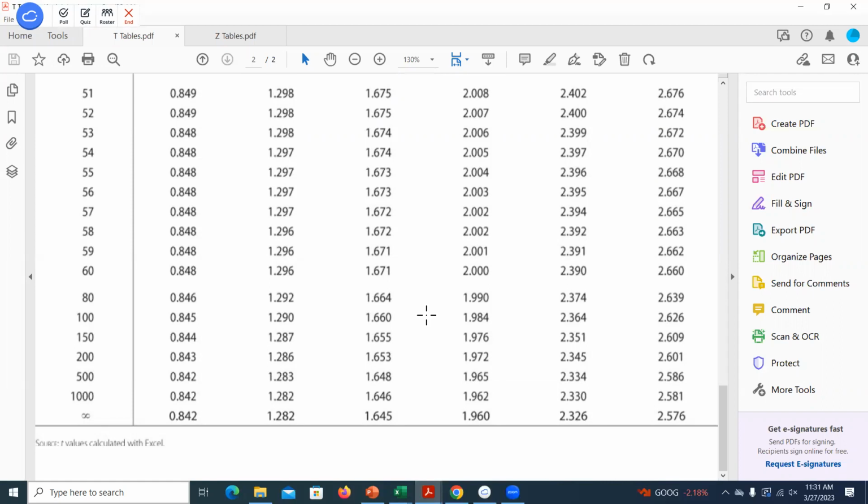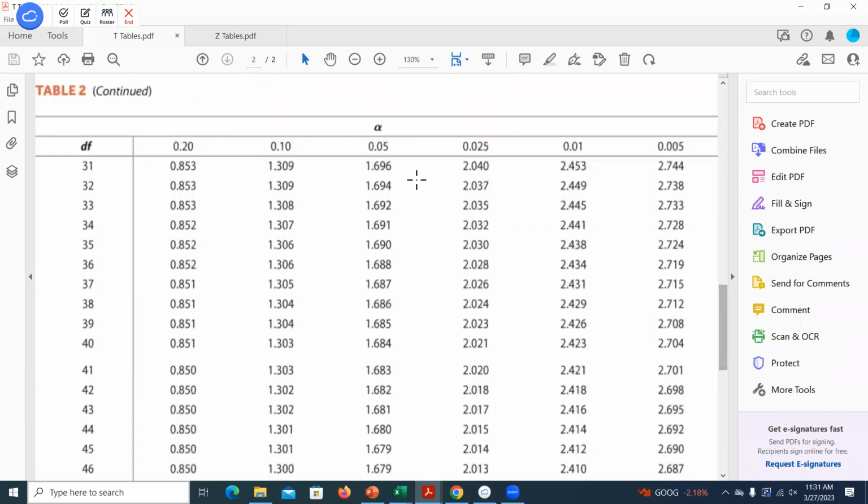So I'll try to find 1.664 in my table at the degrees of freedom of 80, right here, right? I then go up, right? So 1.664 corresponds to an area of 0.05 to the left.